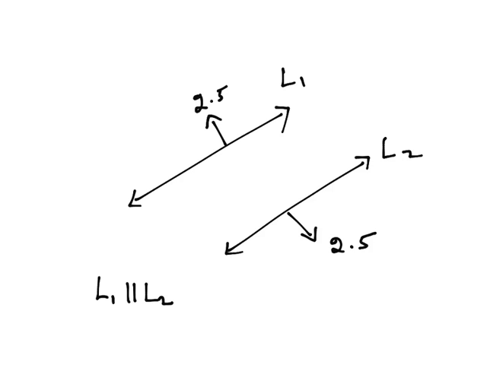So basically, if 2 lines are parallel, they will have the same slope. If I take the slope as m1 here and this slope as m2, then m1 will always be equal to m2. If 2 lines are parallel, they'll have equal slopes.